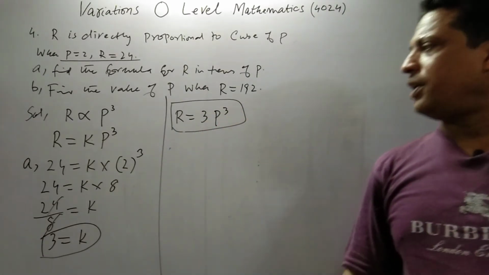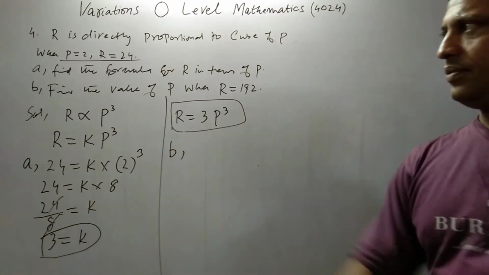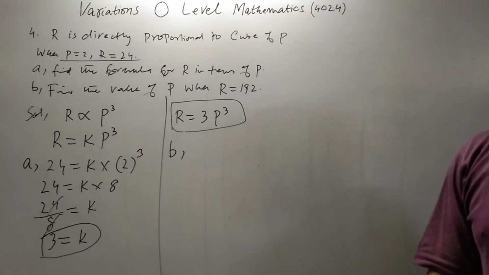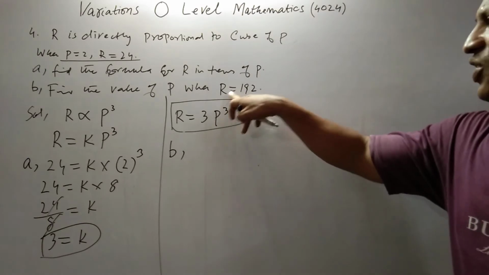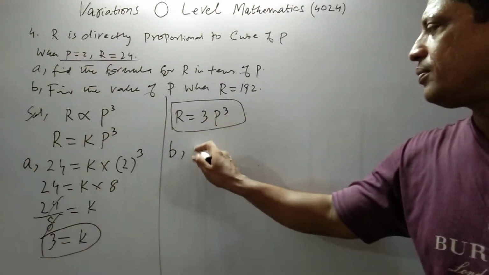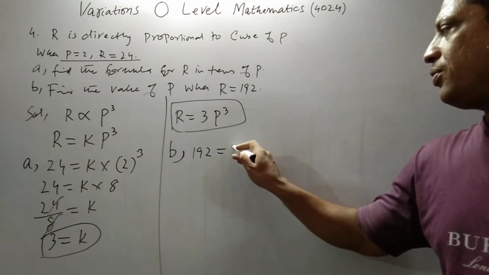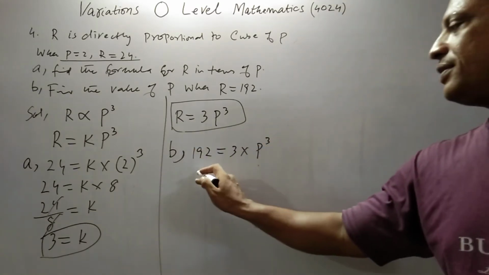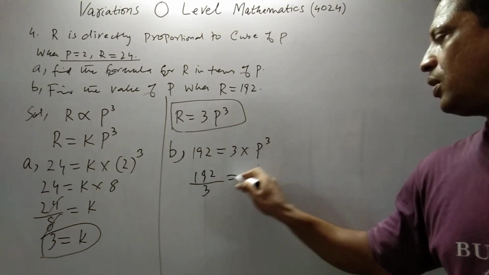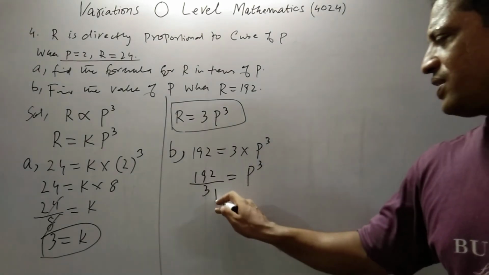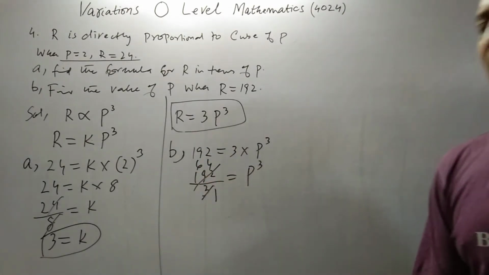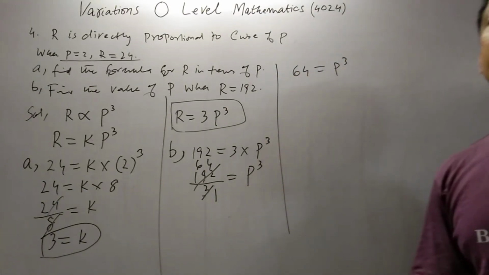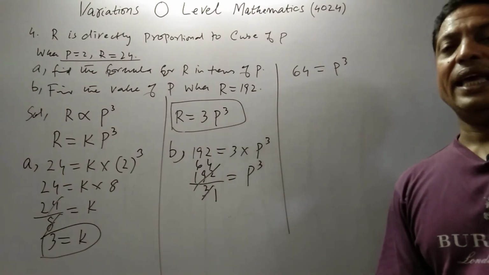Hope you understand. Now, see part B. Find the value of P when R is equal to 192. So for finding the value of P, we should put this value of R, 192, in this formula. 192 is equal to 3 into P cube. This 3 is multiplied, so this should divide on the other side. 3 ones are 3, 3 sixes are 18, 3 fours are 12. 64 is equal to P cube, but we need to find the value of P, not cube.